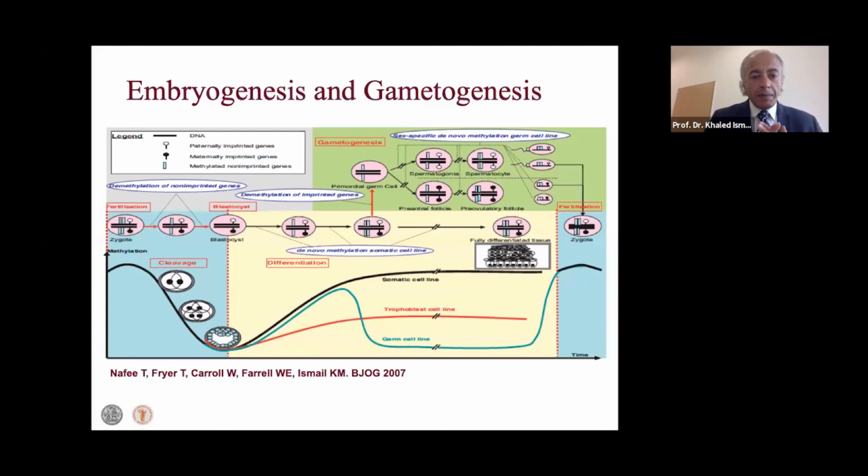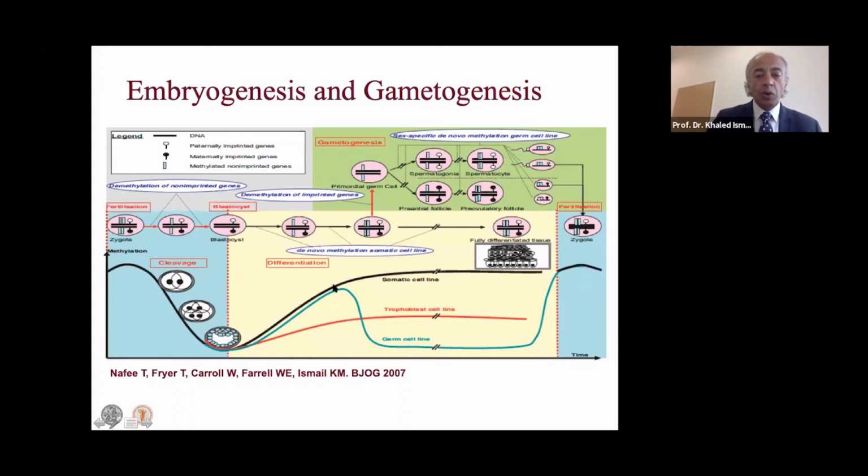So the methyl groups get totally removed. They undergo a process of demethylation. And then, because of some epigenetic memory that is inherited from the parents, the remethylation happens again, and these cells carry on developing. So this seems to be quite a critical period of time.